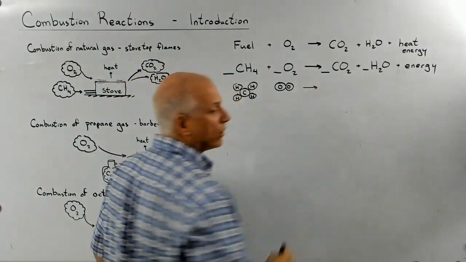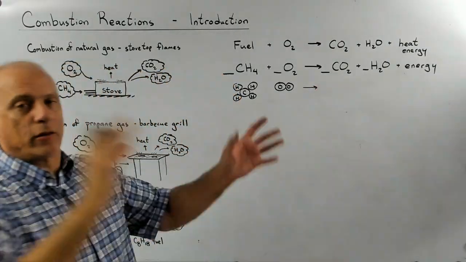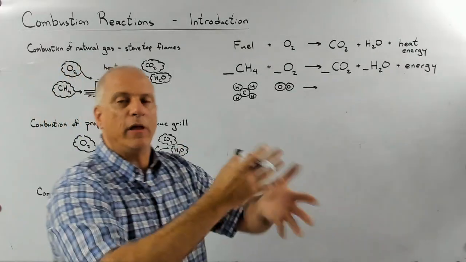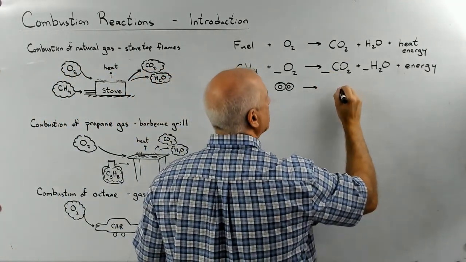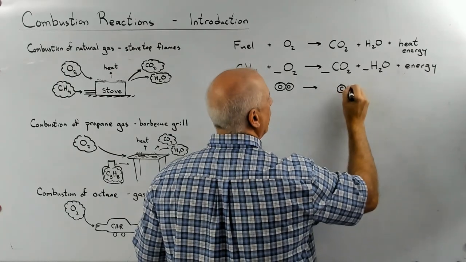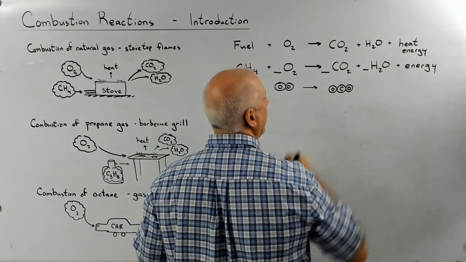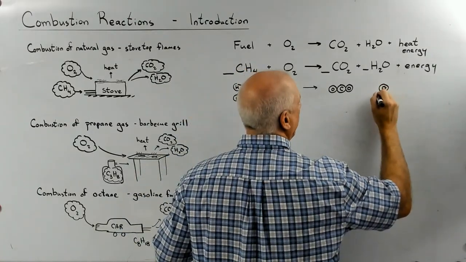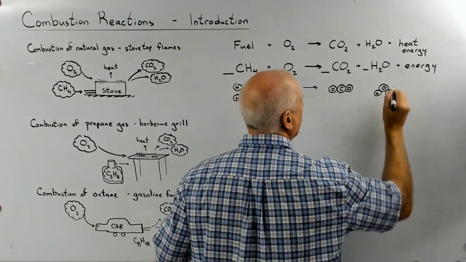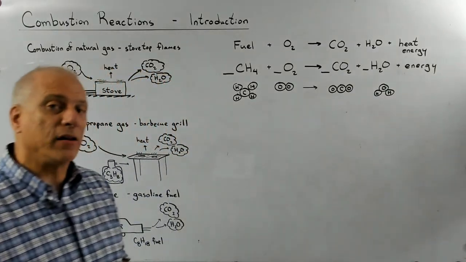During a chemical reaction, we break the molecules apart, but we then reconnect the atoms in different configurations. We're going to get carbon dioxide, which is a carbon atom, an oxygen atom, and an oxygen atom. And we're going to get water, which is an oxygen atom and two hydrogen atoms. Now, we need to balance this.